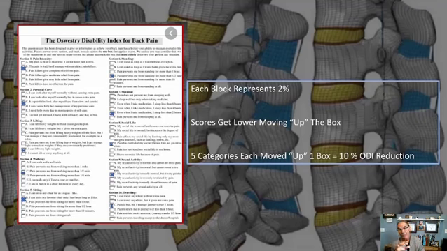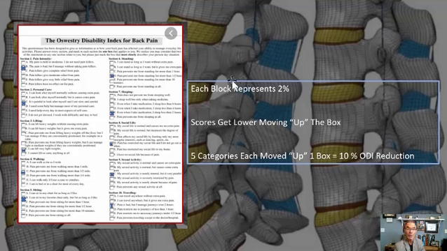Here we are again. You've seen this before, and this is the functional index that's called the Oswestry index. Recall there are 10 different categories that we discussed earlier, and I'm outlining them right here. And within each category are 6 different blocks or potential choices to select.